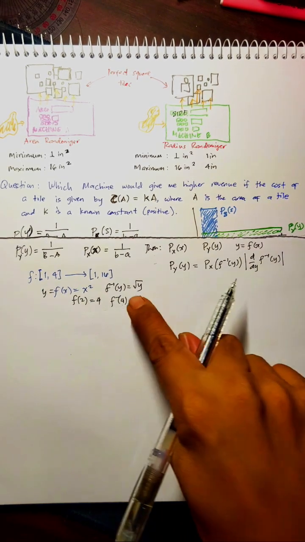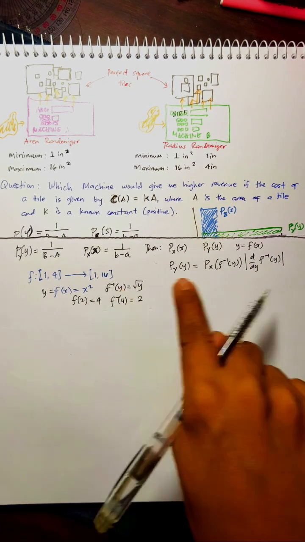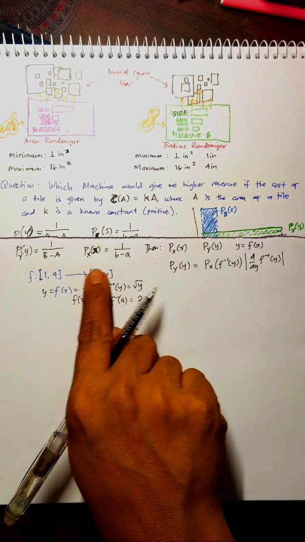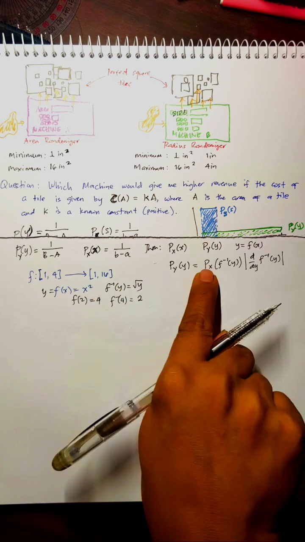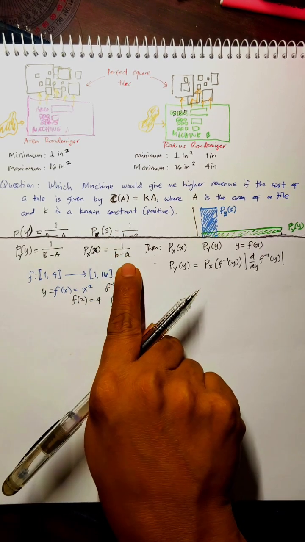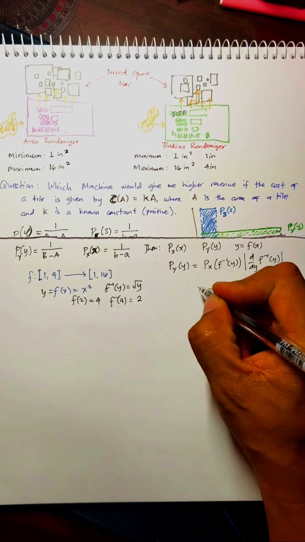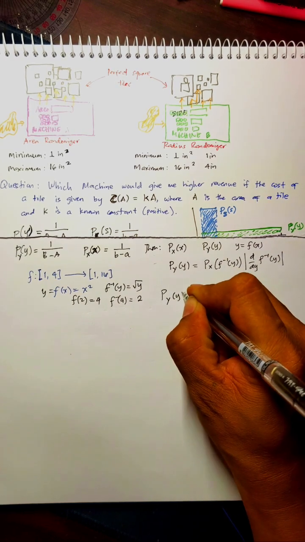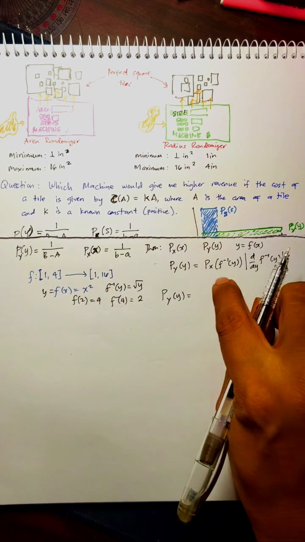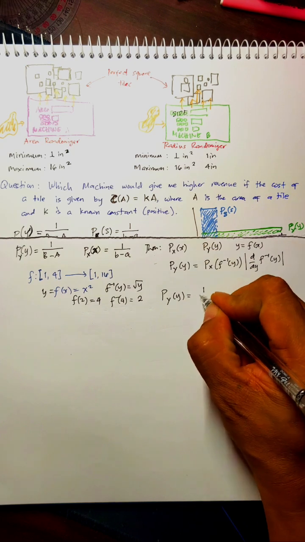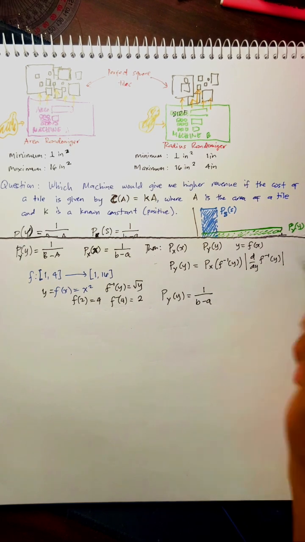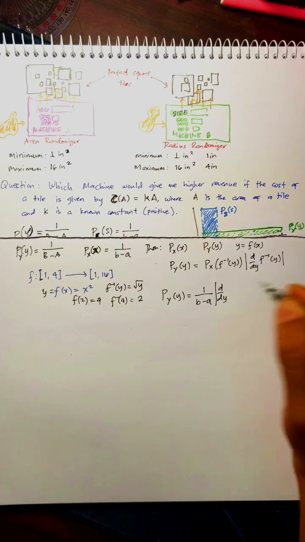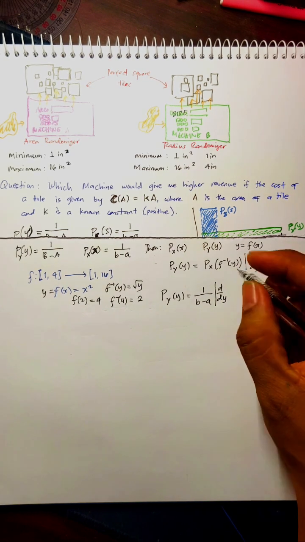Okay, so now we have this. And what is p of x, of f inverse of y? What is p of x? This is that 1 over b minus a. There's no y here, so clearly using this function, our p of y would be equal to 1 over b minus a times the absolute value of d over dy of f inverse of y.